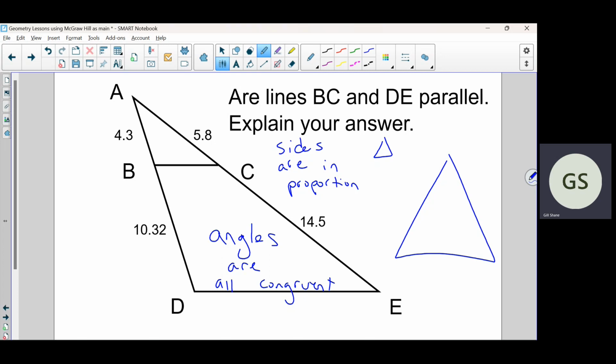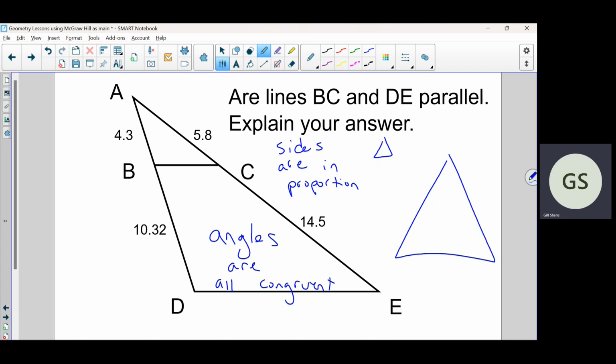A lot of people did it multiple times. I took points off for that. Even if you did all the math right, you did not explain something correctly. Just doing the math is not understanding. Anybody can plug numbers in once you've done it. You got to understand what the answer truly means, what the content truly means. So make sure you understand sides are in proportion.